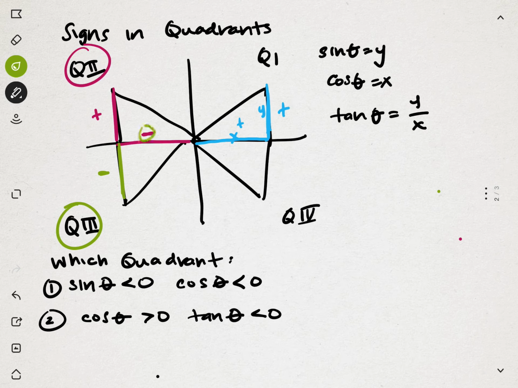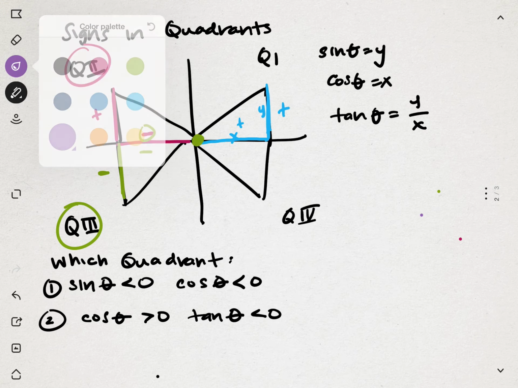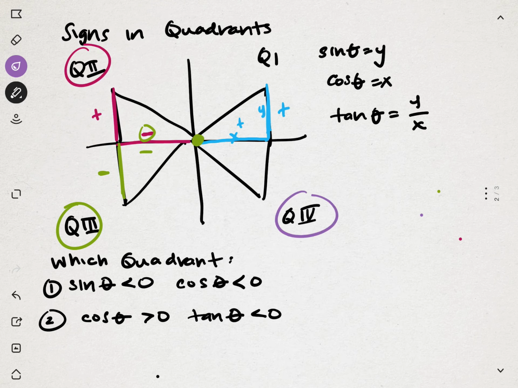And just like we had here, it's to the left side of the origin, so that's negative. Okay, and then quadrant 4. This side is negative again, it's below the x-axis. But this side is still positive, it's to the right of our origin.